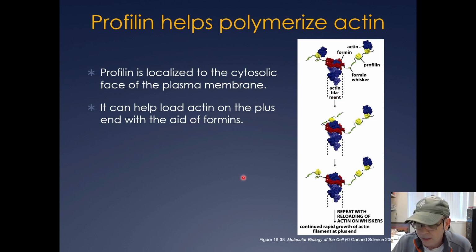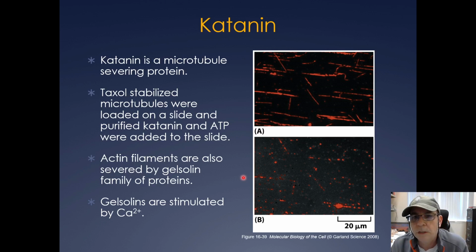Now, in addition to the nucleating agents, you also have severing proteins. Katanin is a microtubule severing protein. So if you look at this slide right here, you have Taxol-stabilized microtubules. These are microtubules which are mixed with Taxol, so they're quite stable. And then if you add in some of this katanin protein along with some ATP, it actually severs them in the middle.